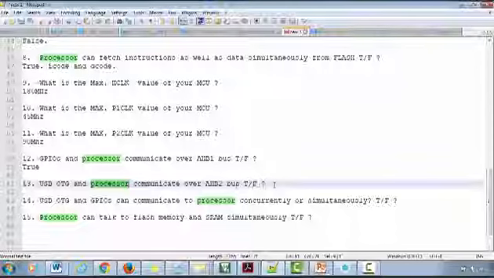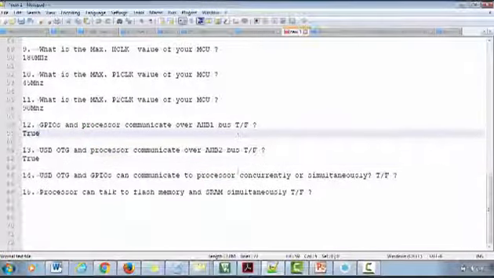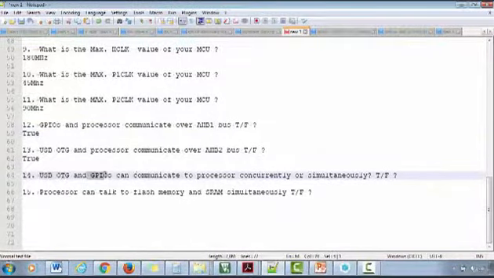Great, that's true, right? Now, next question. USB OTG and GPIOs can communicate to the processor concurrently or simultaneously. Is it true or false? Very interesting question.